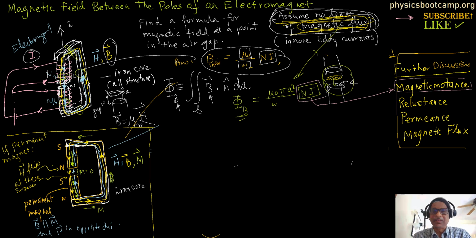This is the effective current that's responsible for the flux we're looking at. And this quantity over here is actually permeance. The inverse of this, 1 over permeance, is called reluctance.